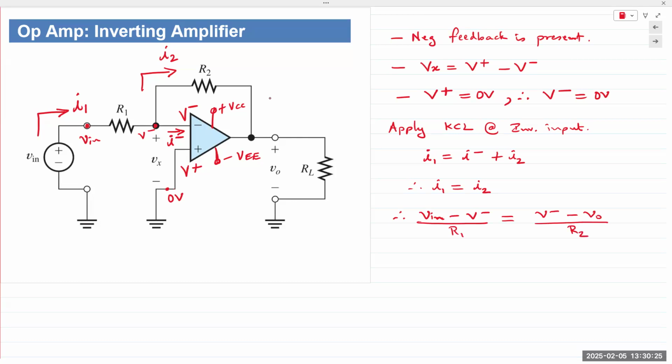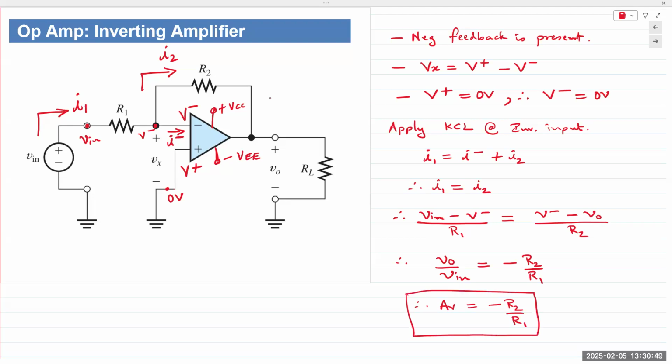If we rearrange the terms, we know V minus is equal to 0, and we can obtain V out over V in is minus R2 over R1. And so the voltage gain is a ratio of the two resistors, minus R2 over R1.